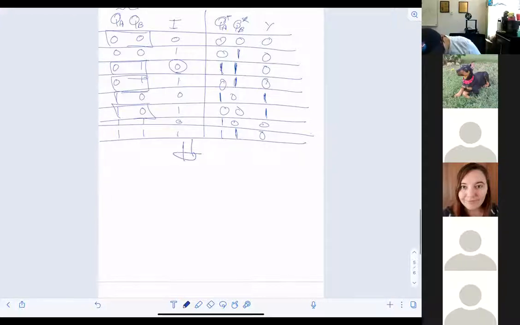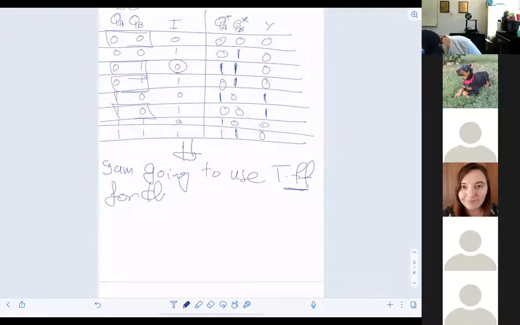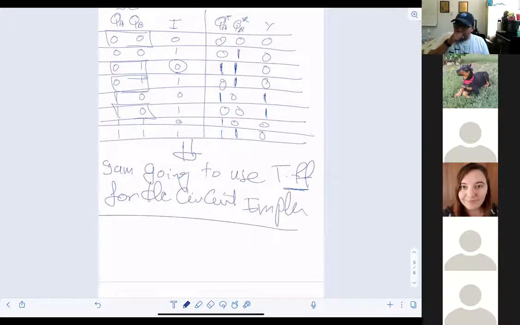So in that case, I am going to use the T flip-flop for the circuit implementation. What does it mean? It means that I need to calculate the excitation table of the thing in front of me.